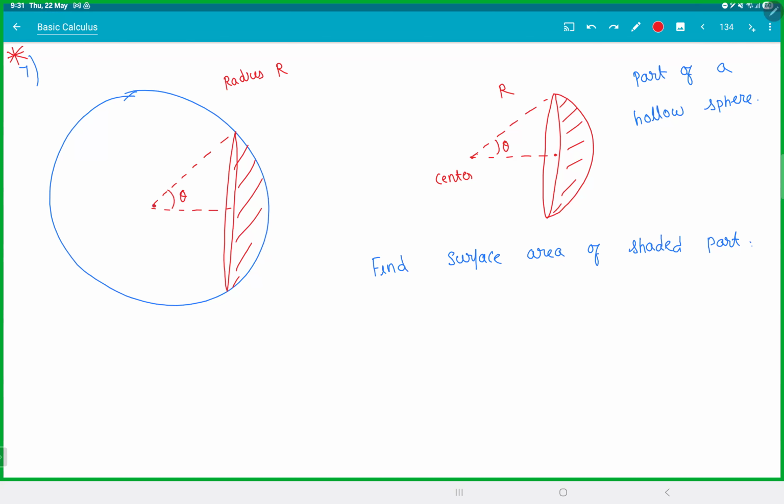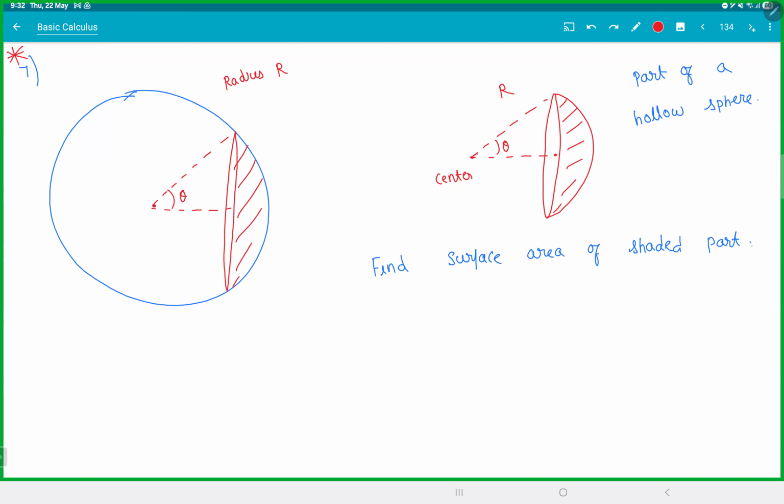Think. This is a little tougher one. I'll show you. Take a minute or two. Getting an element is a little difficult in this one.